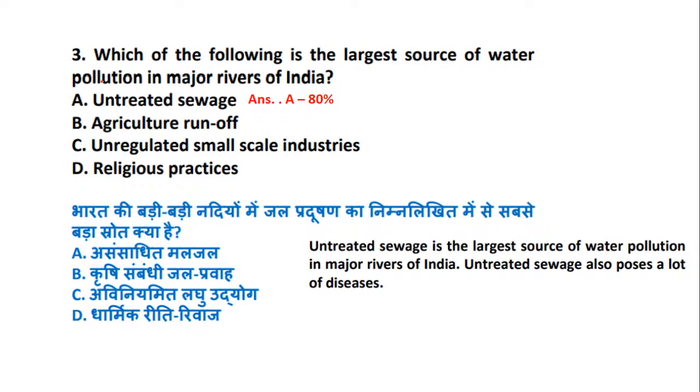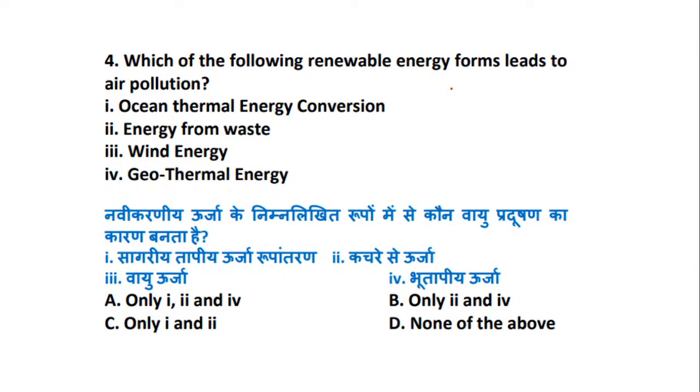Just remember, it is 80%. I have just written it with the answer also, so just make a note of it. Even if you get a percentage-wise question, you need to know it is untreated sewage, but the percentage comes to 80. Great going. Today the students' energy is very high. Good, it is a good thing.